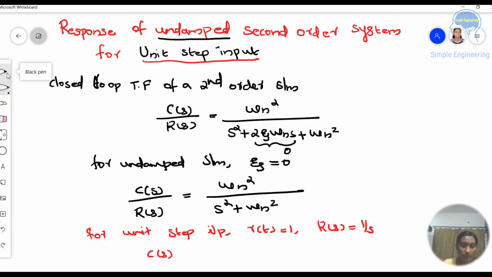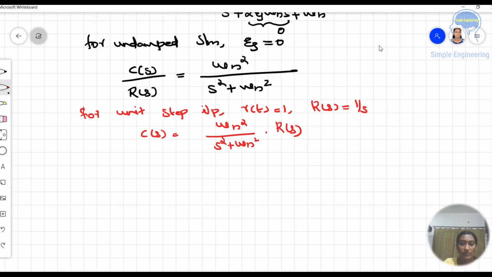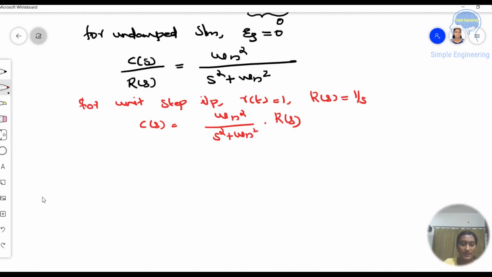Our C(S) will be equal to omega n square / (S square + omega n square) into R(S), and R(S) is 1/S. So C(S) = omega n square / (S square + omega n square) into 1/S. For this equation, you have to find the partial fraction.